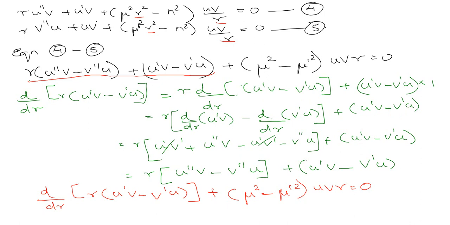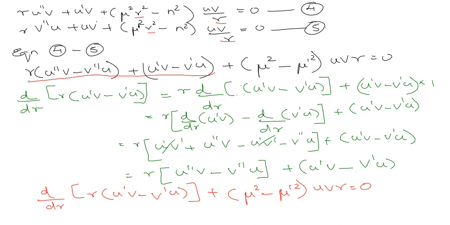That is r into u dash into differential of v, which is v dash, plus v into differential of u dash, which is u double dash, minus u into differential of v dash, which is v double dash, minus v dash into differential of u, which is u dash, plus u dash v minus v dash u. Now these two terms get cancelled, giving r into u double dash v minus v double dash u plus u dash v minus v dash u.